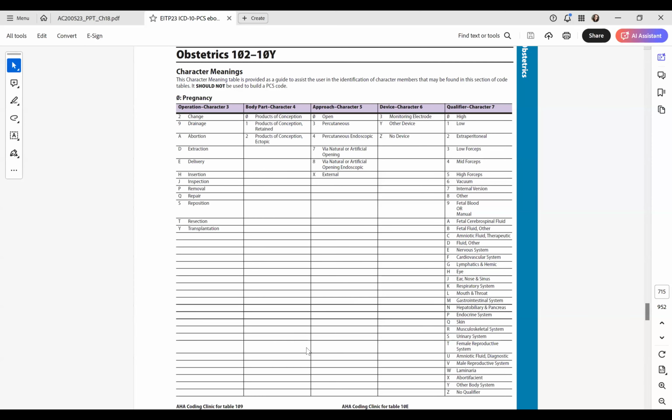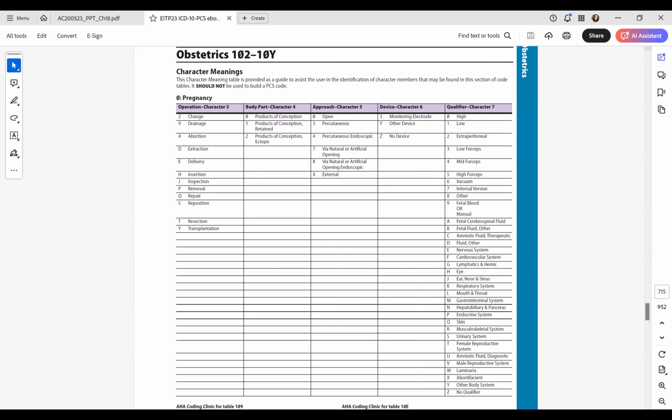And we have the approaches, nothing new here: open, percutaneous, endoscopic, via natural or artificial opening, endoscopic, and external. We do have some devices. We have 3 for monitoring electrode, Y for other device, and then we have Z, of course, for no device.